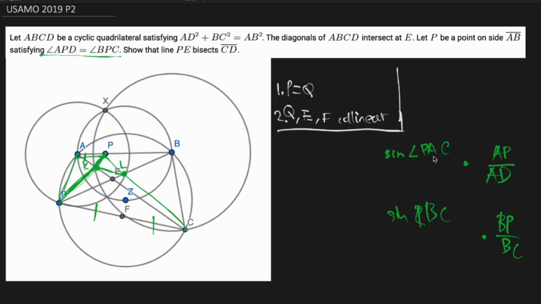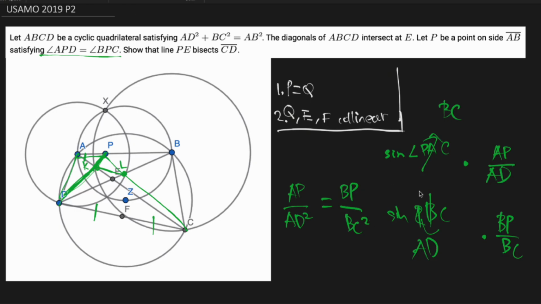And we know that PAC is just BAC, which corresponds to side BC, and this thing corresponds to side AD, because they lie on the same circle and they subtend the two arcs. Okay, so now if we can move these things over, we essentially just want to prove that AP over AD squared is equal to BP over BC squared.